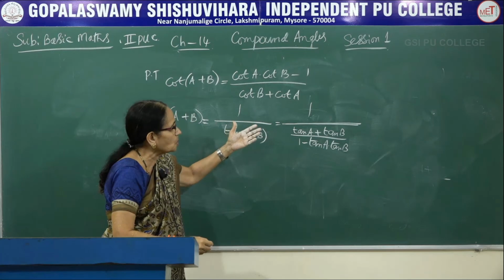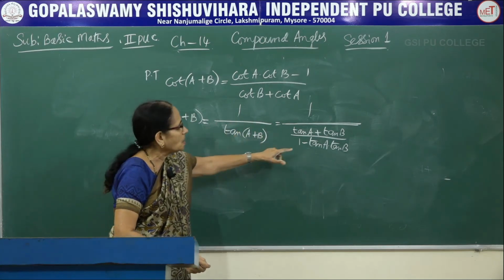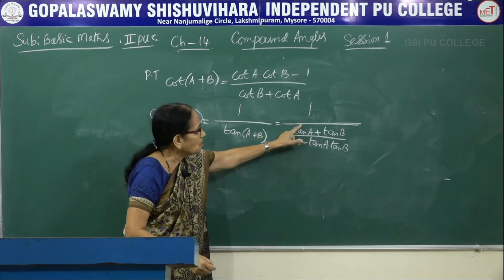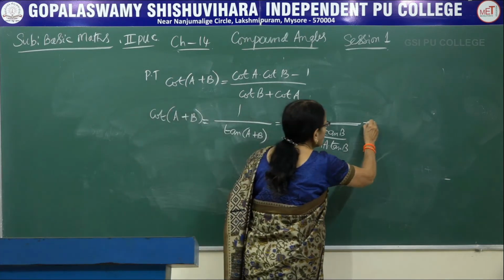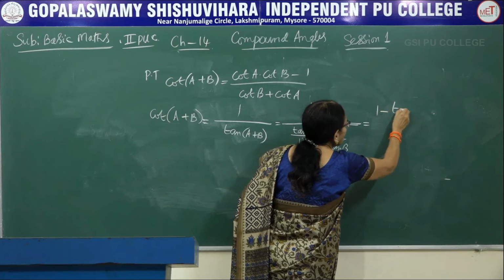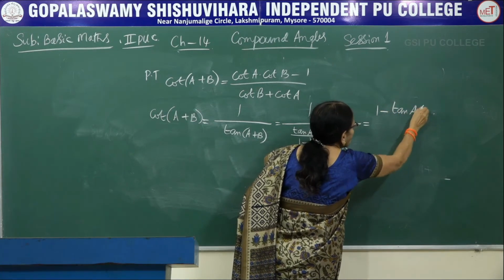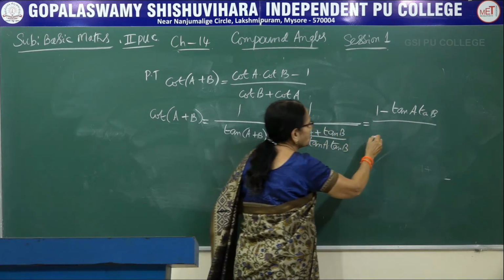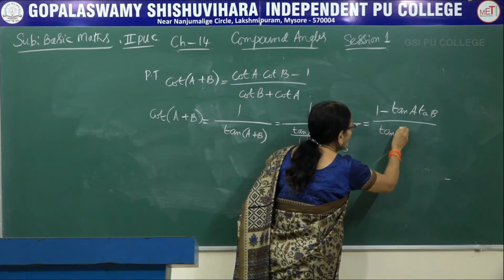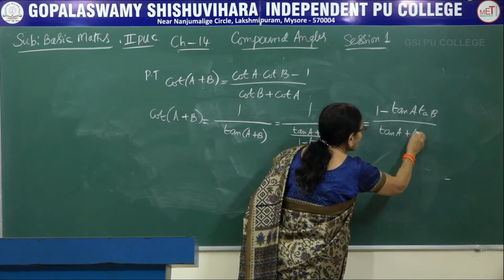You should know which is numerator and which is denominator. Now this being the denominator of the denominator goes to the numerator. So this would be 1 minus tan A into tan B, whole thing divided by tan A plus tan B.